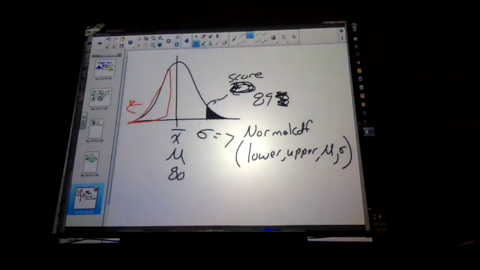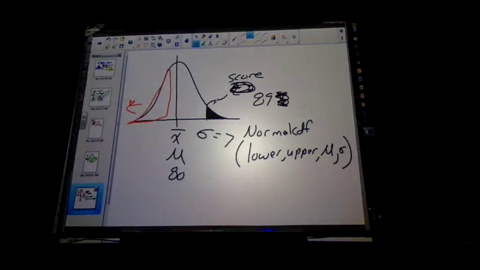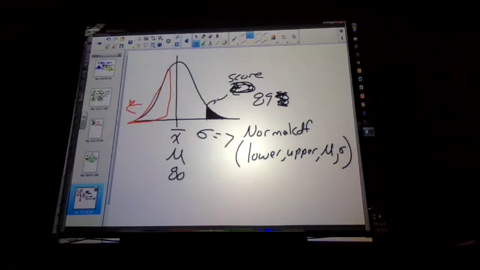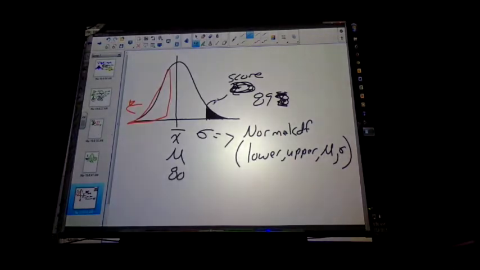The closer to 0 you make it, the smaller you make it, you're talking about little tiny pieces of area. So usually if you go 3 or 4 standard deviations to the left of where you need to be, you're going to get a really good area. Okay?